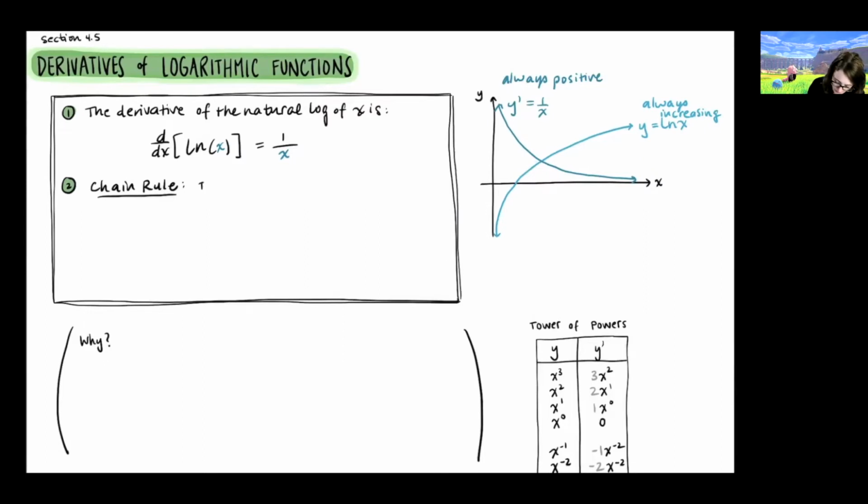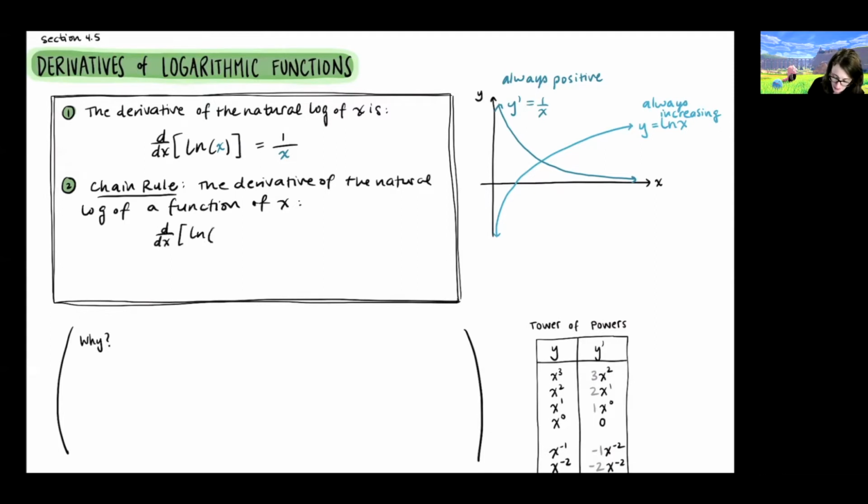So the derivative of the natural log of a function of x, so maybe it's x squared or 3x to the 4th plus 1 or something like that, square root of x. If we want to find the natural log of something more than just x inside, here's how we do that with the chain rule.